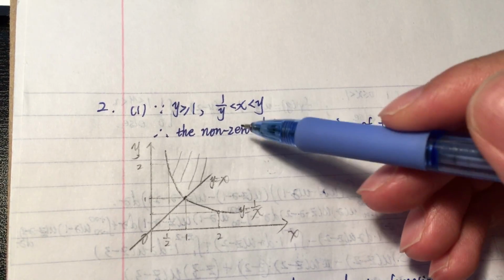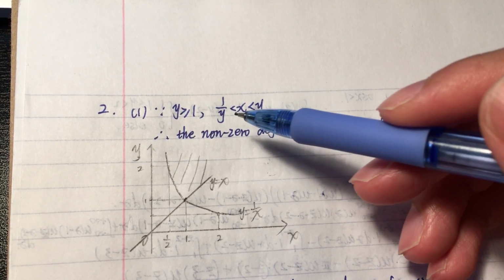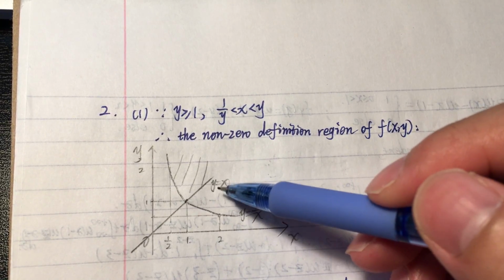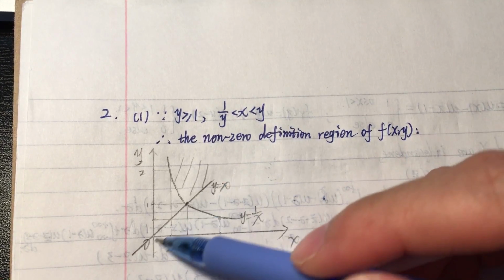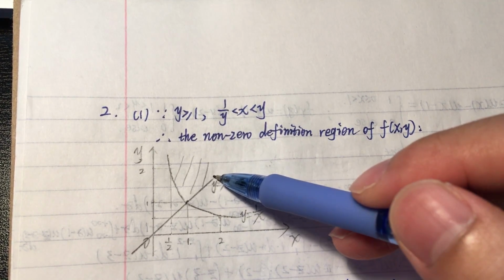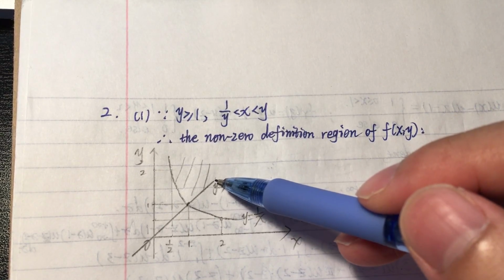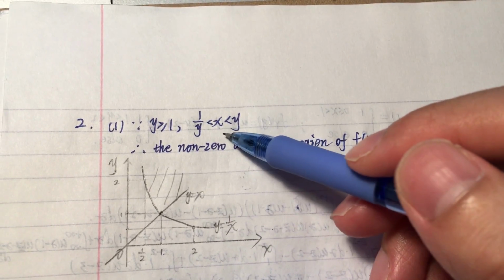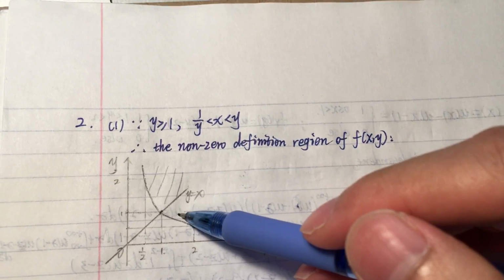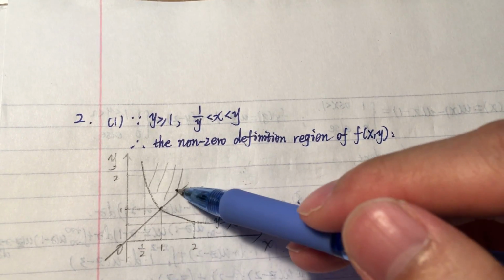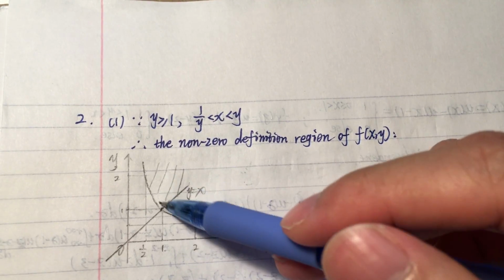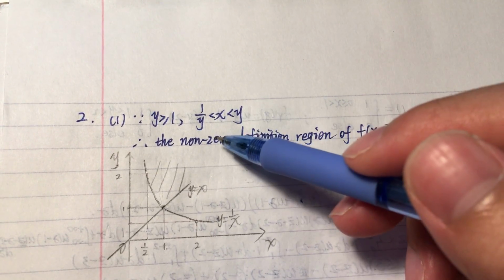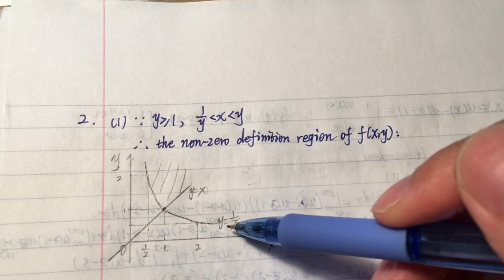And because x is larger than 1 over y and smaller than y, first we find y equal to x is this line, and we have to meet the requirement of y is larger than x, so it's above the line, so it's this region.